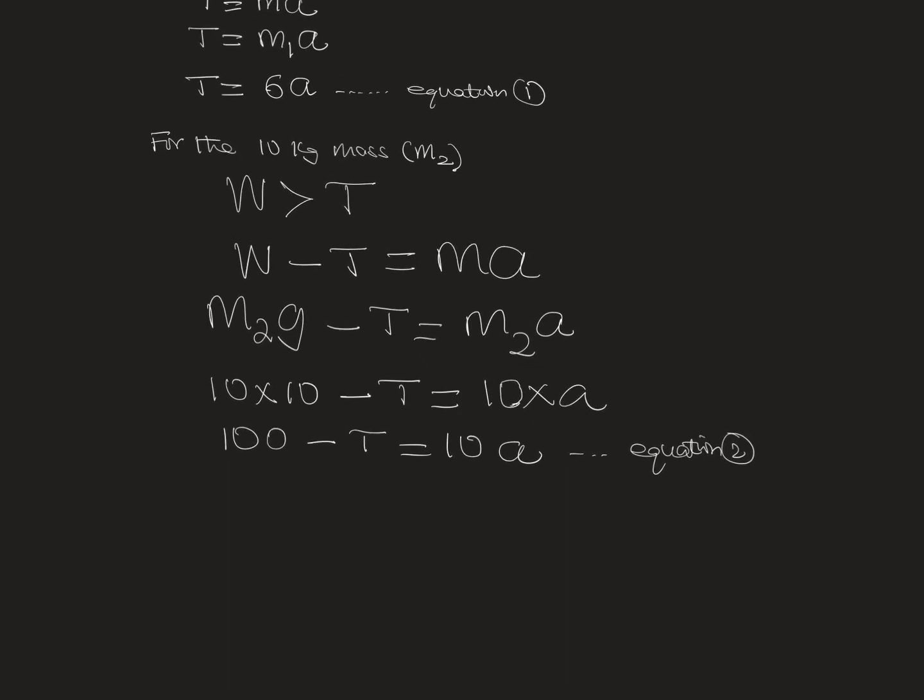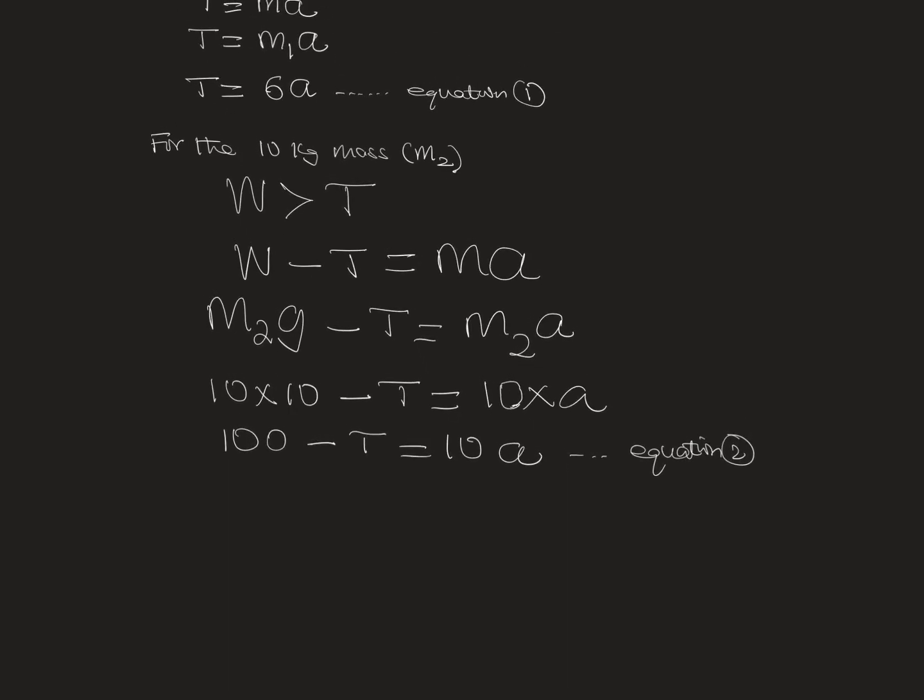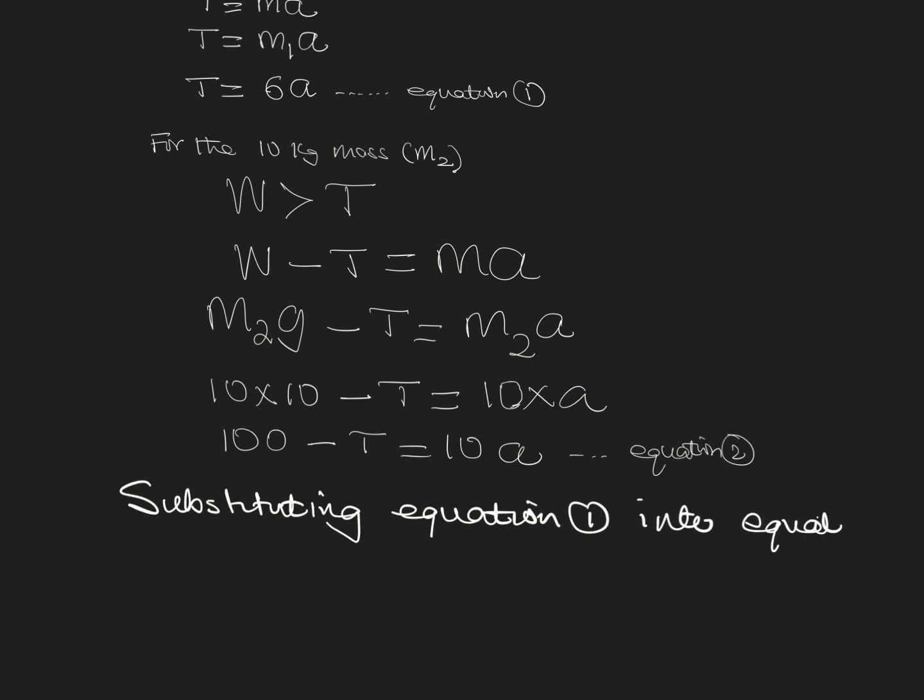So what I can do here is to substitute equation 1 into equation 2. What is equation 2? It is 100 minus tension equals 10A. So that will be 100 minus tension.